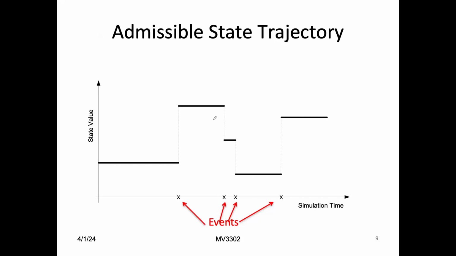So the fact that these state trajectories are piecewise constant allows us to identify these key elements. And the way that the event list works on this is that you would start at time 0, and the very next thing that would happen is that we would actually advance time all the way to that next event. So we would jump over all of these things.